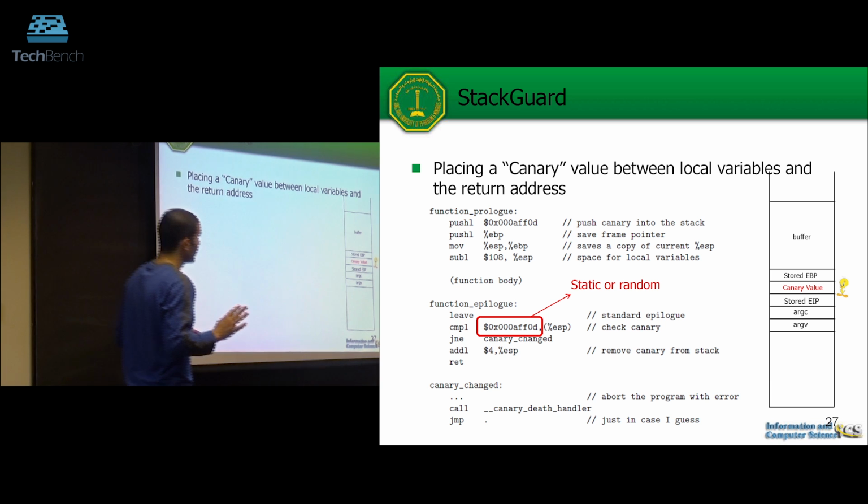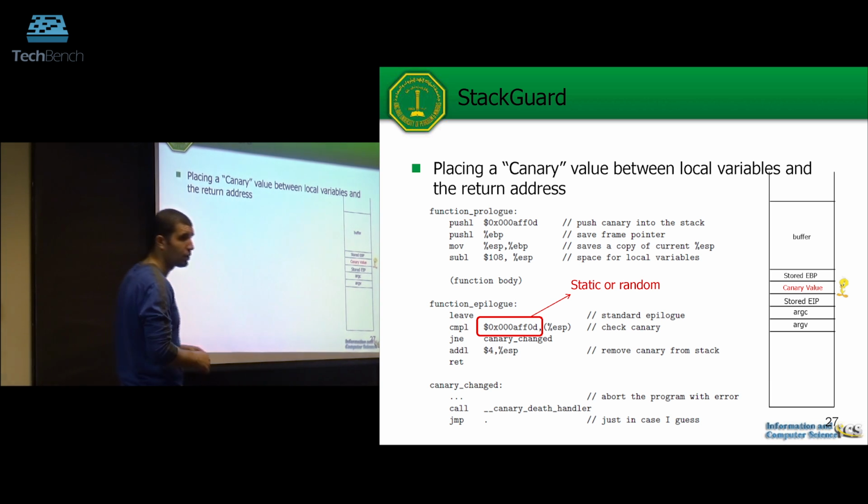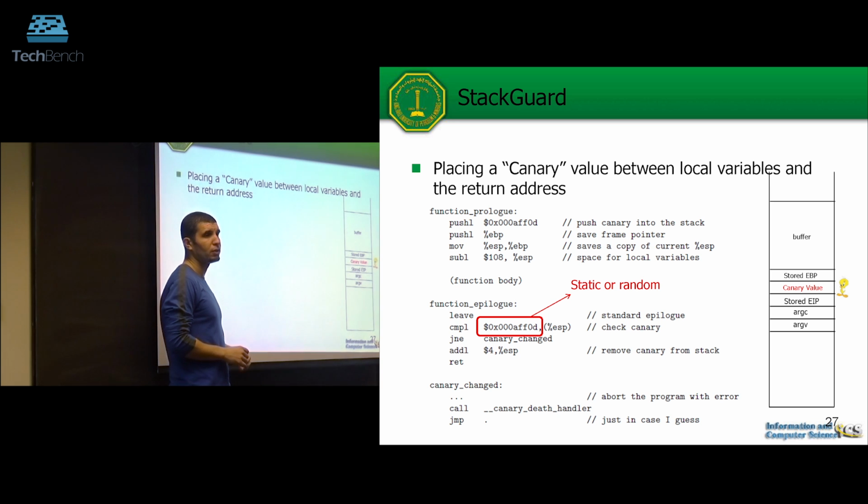Okay. So if we assume that we override the canary value and we jump to our malicious code, then we will execute our malicious code right away. No, but before that, check when the execution will jump there, when the function returns.